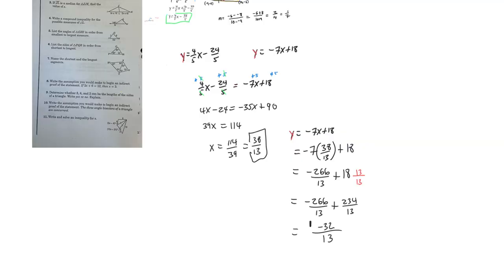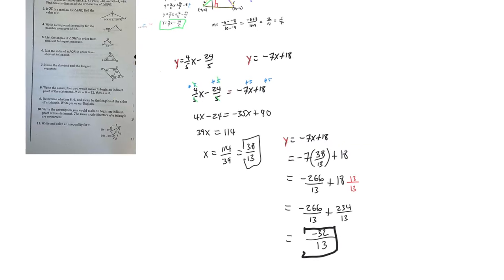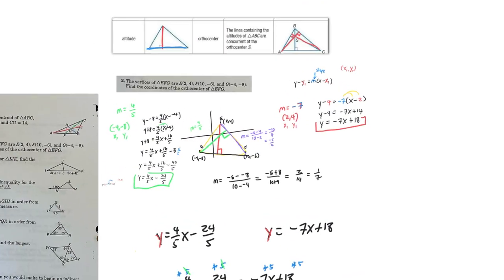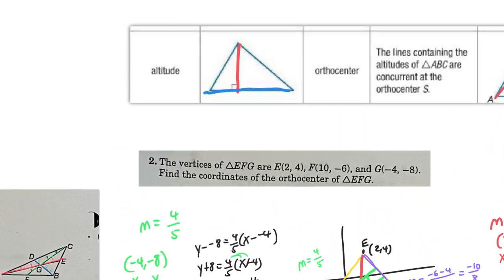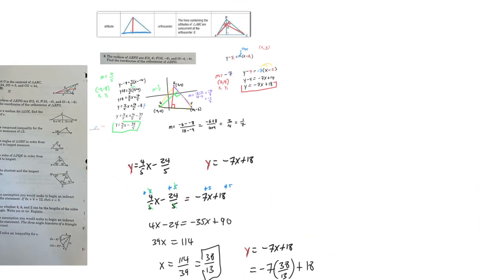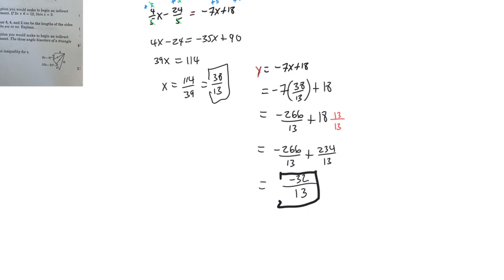So that is going to be the y-coordinate of the orthocenter. So they had asked for the coordinates of the orthocenter. Well, here they are. It would be 38 over 13, comma, negative 32 over 13.